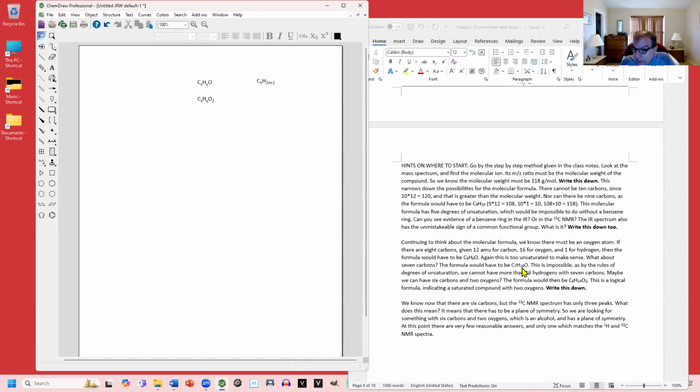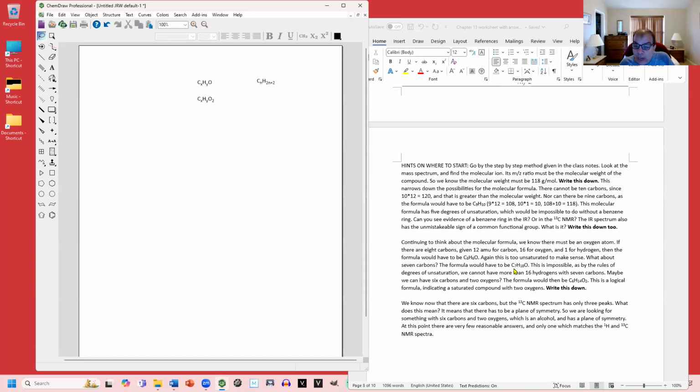That's impossible because 18 is more than the 2n plus 2 rule allows. 2 times 7 is 14, plus 2 is 16. With 7 carbons, the most hydrogens you can have is 16. You can't fit 18 hydrogens on.